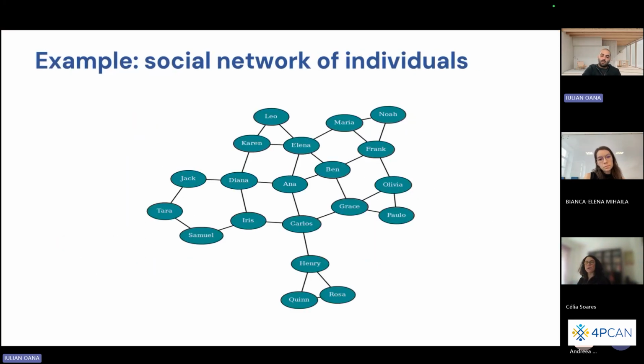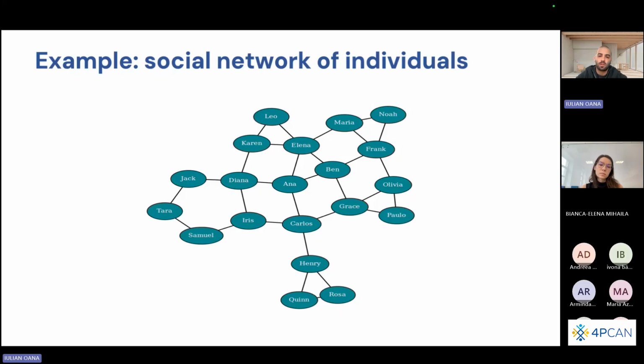But what I want to stress is, in this case, this is a visualization of the network. This is not the network. And it will be made very clear during today's meeting why what we see here is not the network, but a visualization of it, and why this distinction is important.